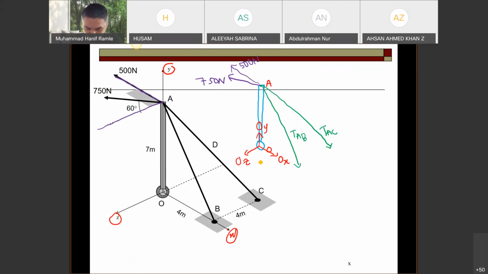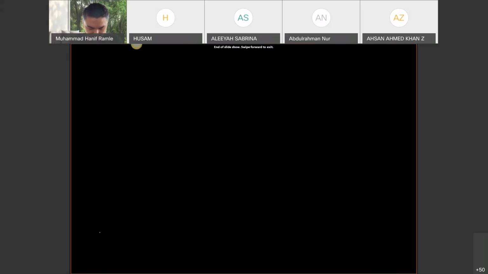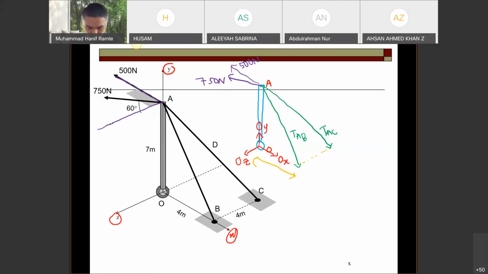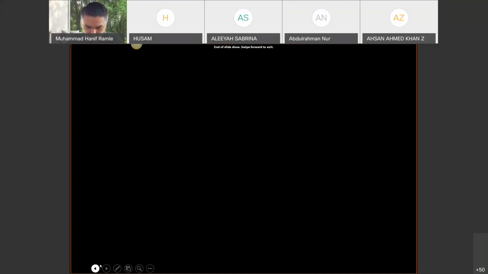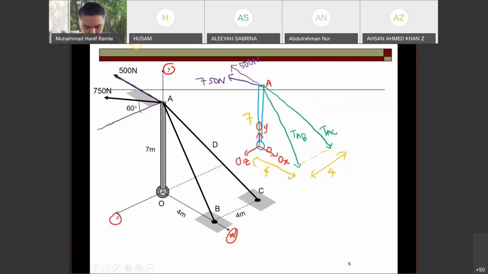So you have this one, 4. Okay, you have this one, 7. And I think that's it for the dimension. If you draw like this, you will get full marks, of course, for the FBD. So this is your FBD.